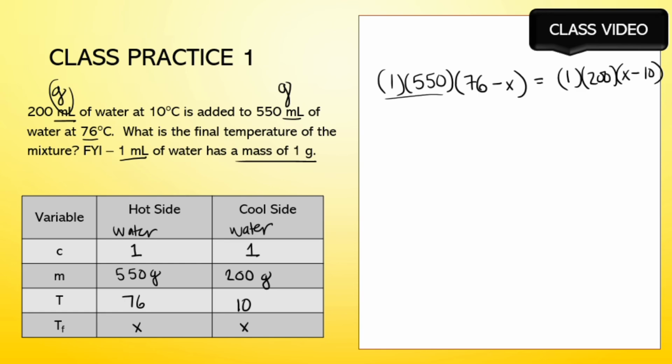550 times 76 is 41,800, and then it's going to be minus 550 times x, and on the right side, 200 times x minus 200 times 10, minus 2,000. Okay, I'm going to rearrange the formula.